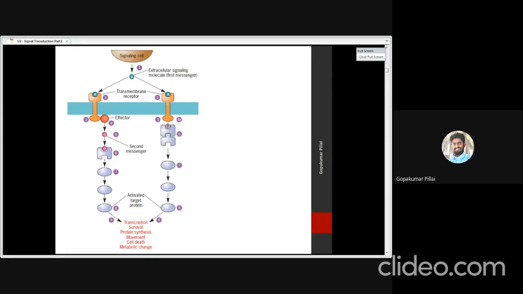If you look at the cursor, you can see that the second messenger binds with this protein, which is a cell signaling protein, and it passes the signal further to another cell signaling protein at step 7, which further transmits it to another cell signaling protein, which further transmits it to step 8, which is one of the targets, a target component or target protein. It can either enter inside the nucleus or directly act upon certain ion channels or transporters or the cell membrane or any other aspects of the cell, depending upon what function you want to attain through this cell signaling system. This is how it works, and these are all cell signaling proteins which work here.